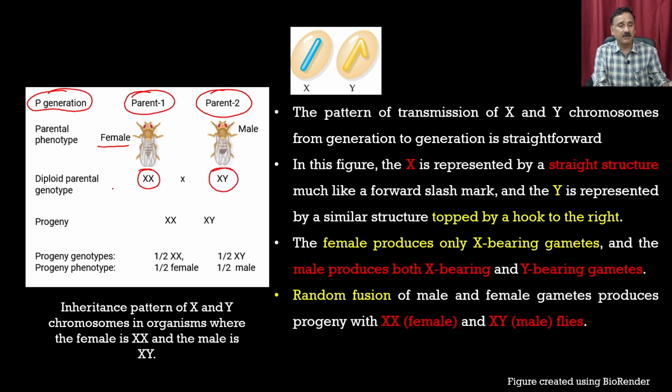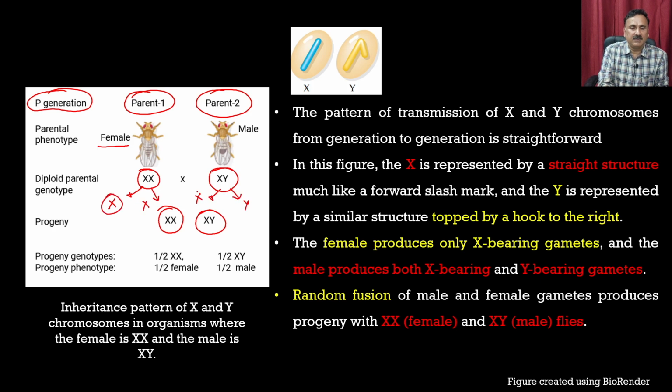There will be another set of chromosomes, but that is not going to be different between the male and the female. Now when the progeny comes, it is going to have the XX or the XY chromosome, because when there is meiosis, the XY parent is going to form two different types of gametes. When X matches with X, it is going to produce this.